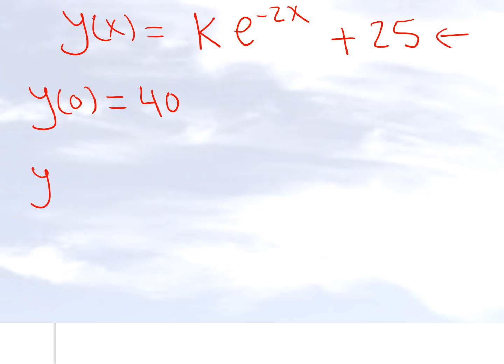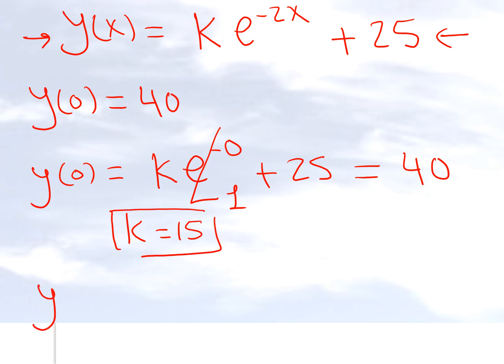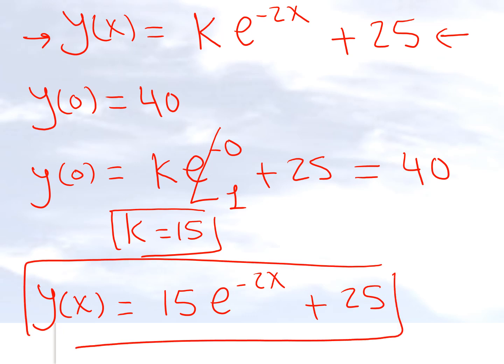Using our proposed complete solution, y of 0 equals k e^(-0) plus 25, and this has to equal 40. e^(-0) is equal to 1. From there you can see that k is equal to 15, and as a result our complete solution y of x is equal to 15 e^(-2x) plus 25, and this completes our solution.